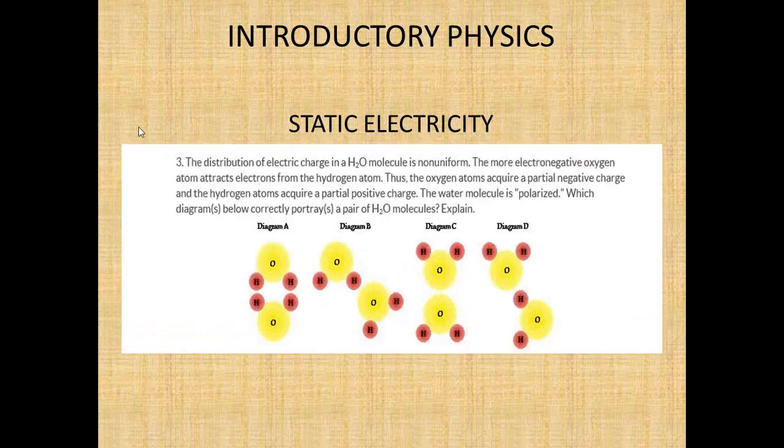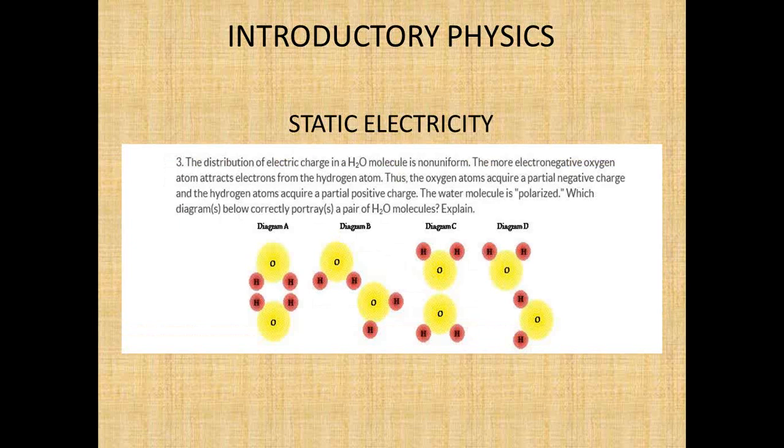And then 3, all right. We did talk a little bit about polar bonds, and question 3 relates to polar bonds. The distribution of electric charge in a water molecule is non-uniform. The more electronegative oxygen atom attracts electrons from the hydrogen atoms, and we showed that.